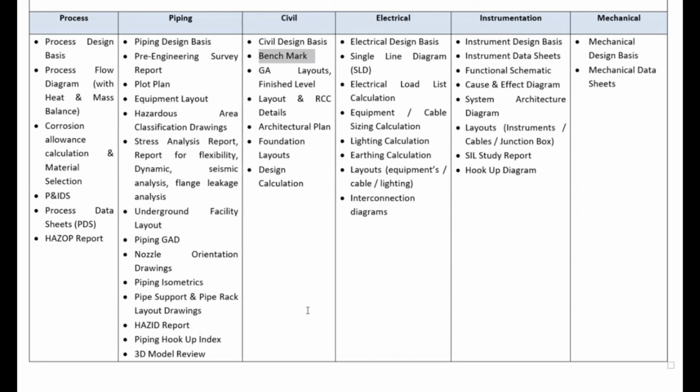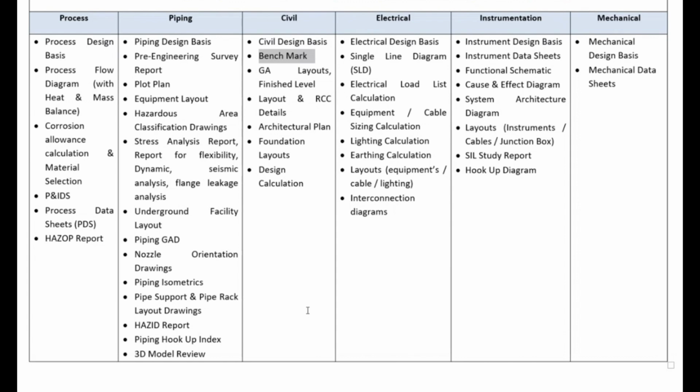For this we transfer the ground level and we put a benchmark there. The level of this ground at this location is 160 meters from mean sea level, and we put a benchmark in our plot. For example, Wafra is at 160 meters mean sea level, while Mina Ahmadi is at almost 5 meters mean sea level.